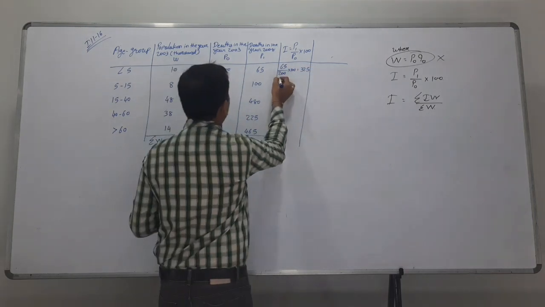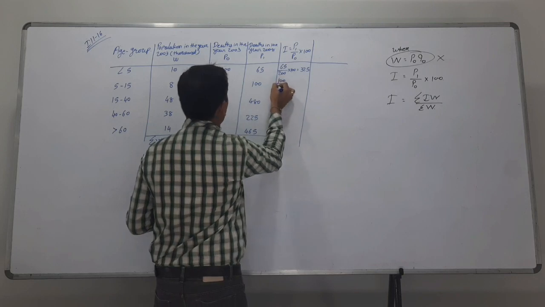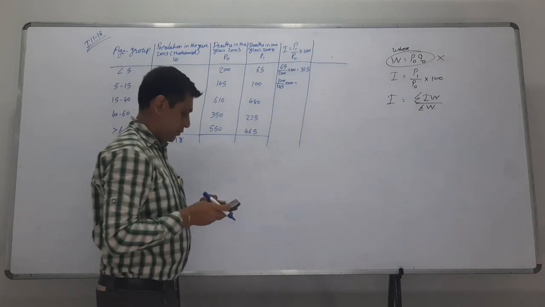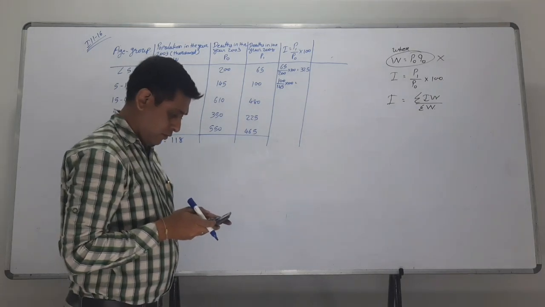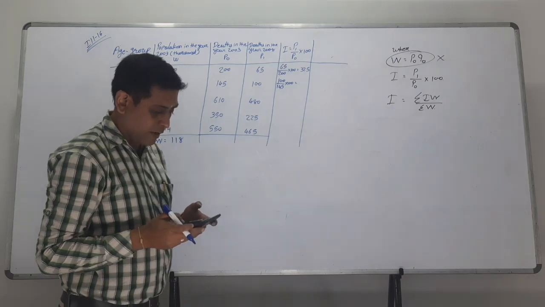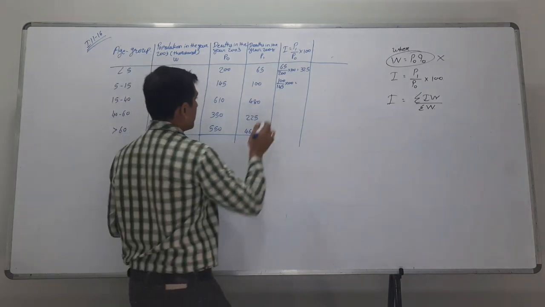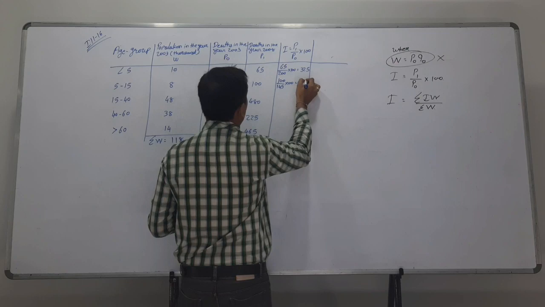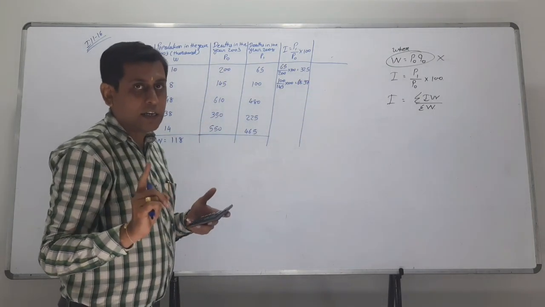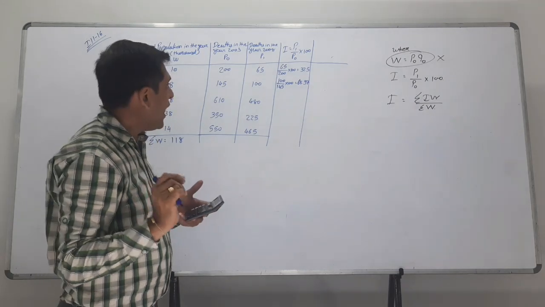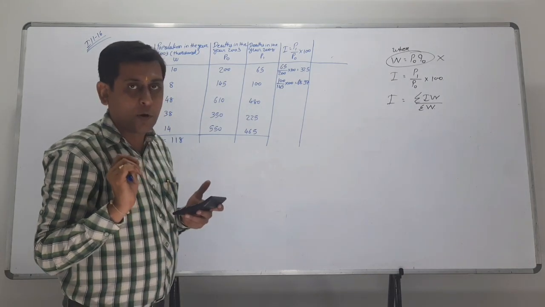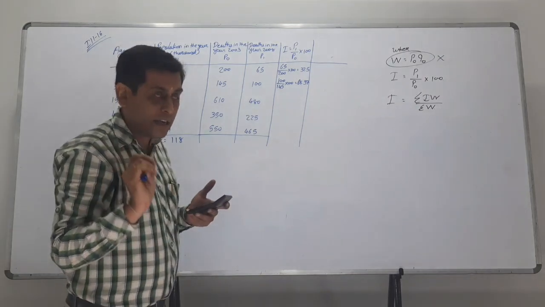Now 100 divided by 145 into 100, that is 68.97. See, it is 96, but after 6 the digit is 5. That's why I am adding 1, and that's why the last digit is 68.97, not 96.